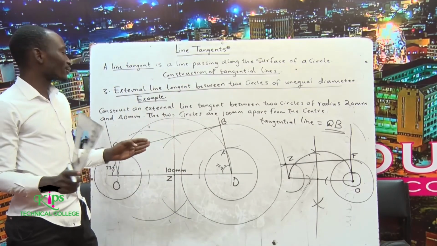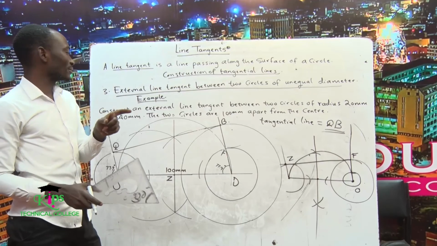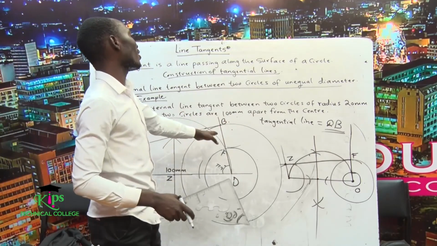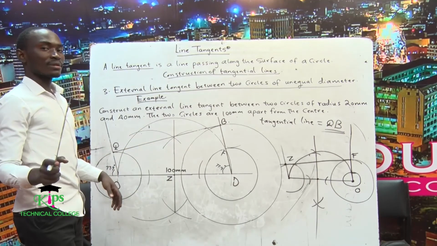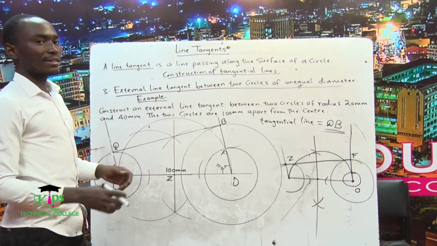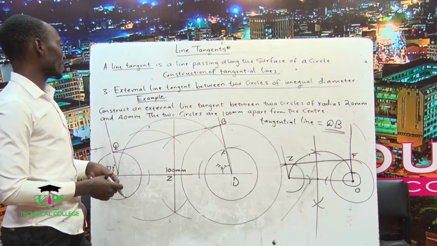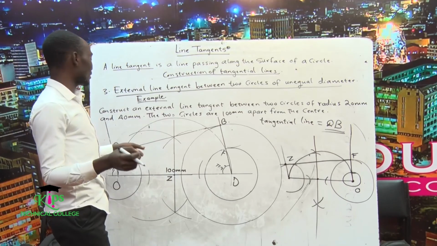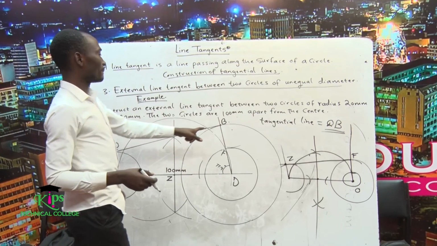That is how we get to construct a tangential line which is passing on the external parts of two circles. So follow this procedure and you get to draw this tangential line. For our case, it is line QB.